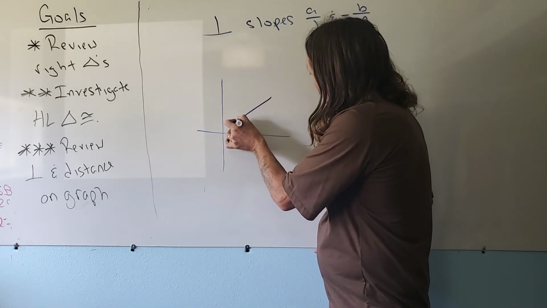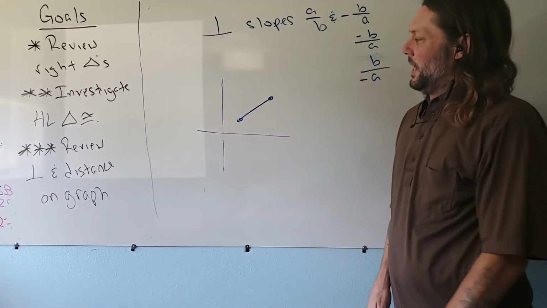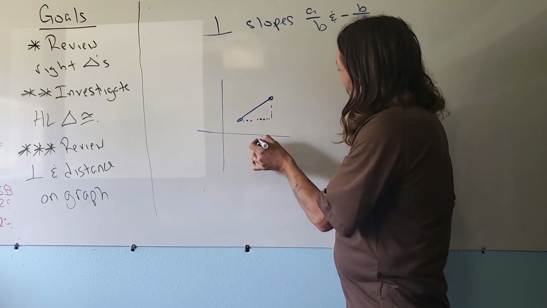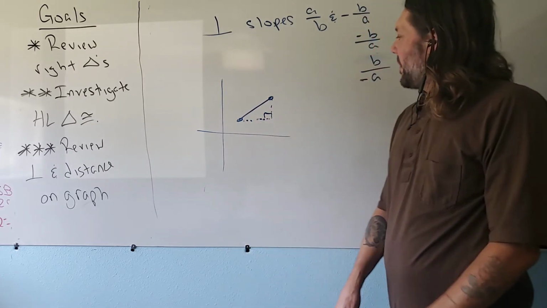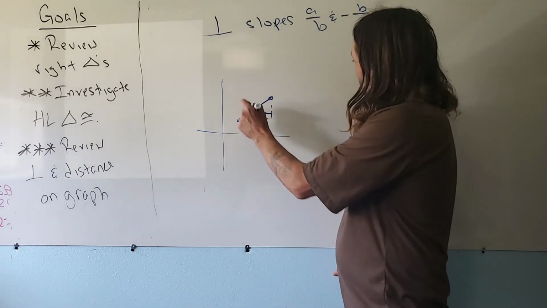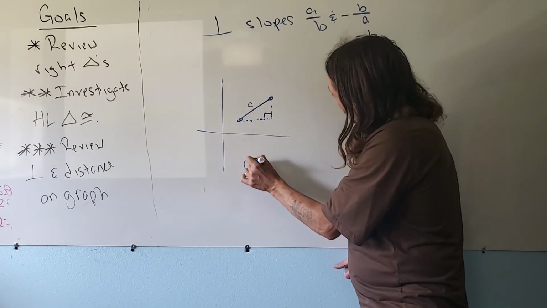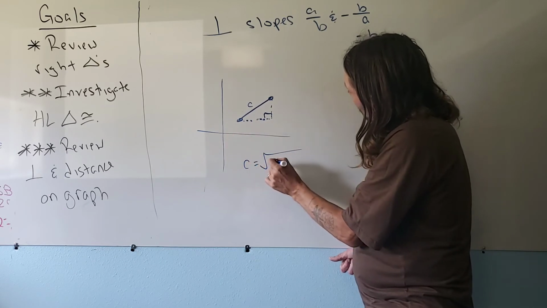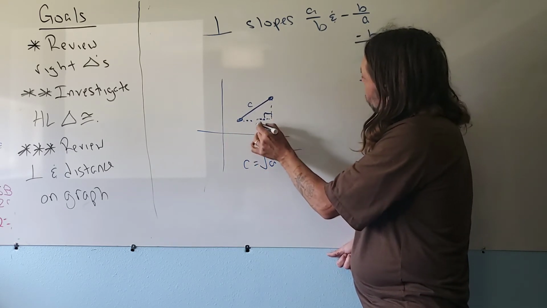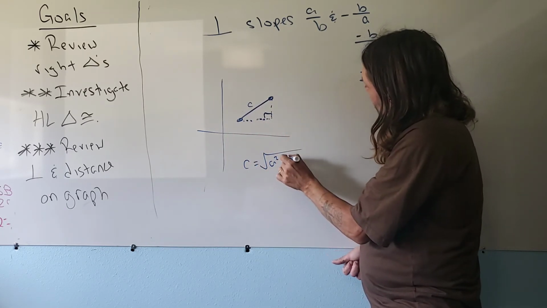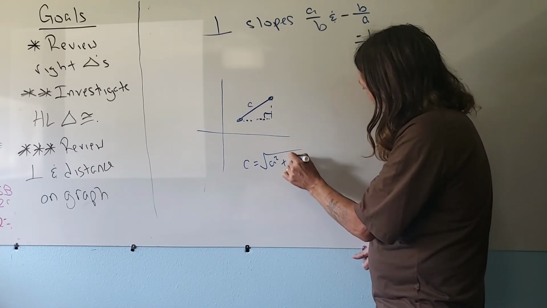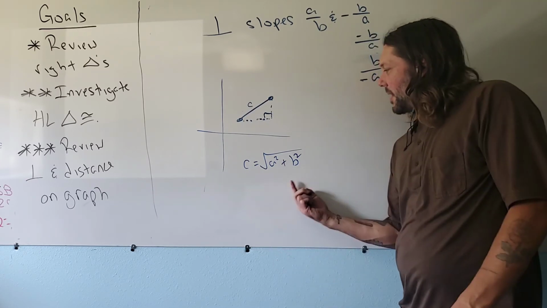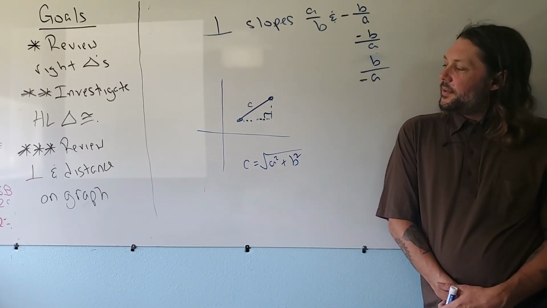So if I'm trying to find a diagonal distance, I need to turn this into a right triangle. The diagonal distance, which we'll call C, is equal to the square root of the horizontal length squared plus the vertical distance squared. That's how we're going to calculate the diagonal distance.